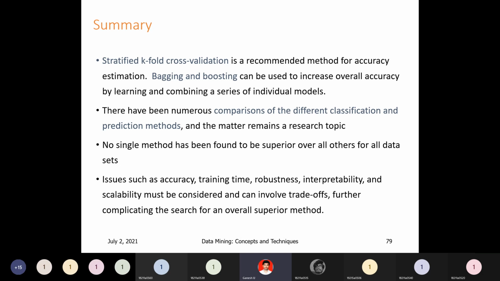There have been numerous comparisons of the different classification and prediction methods.